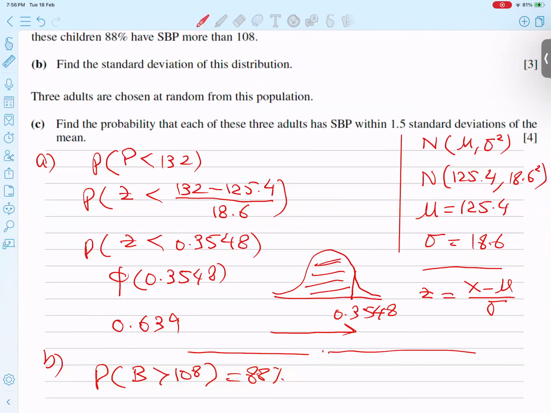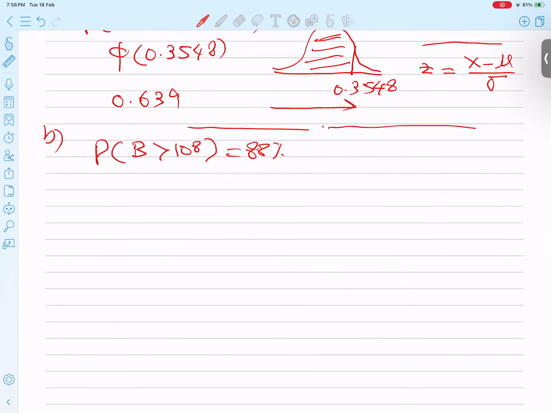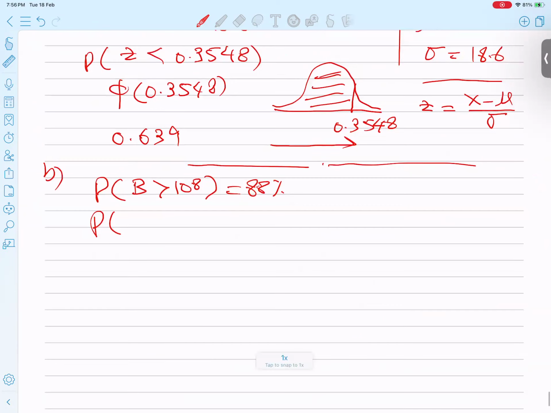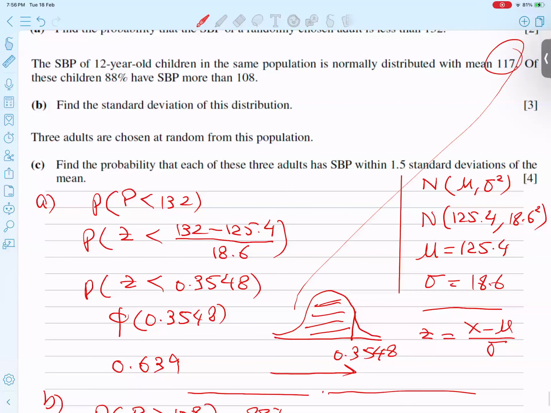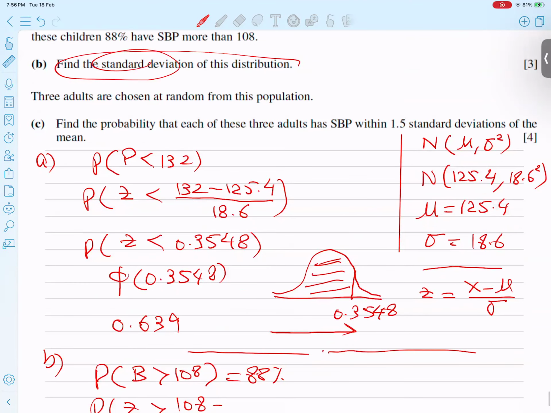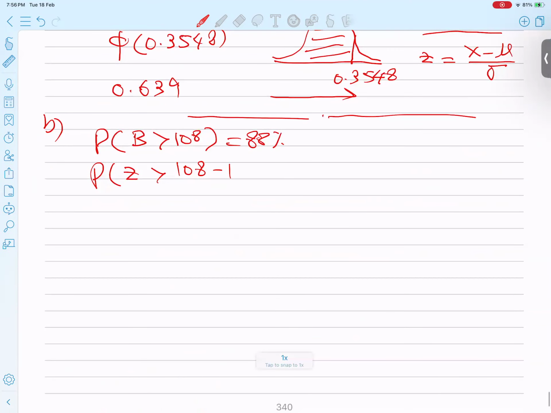Okay, so how to complete from here, students? You know it very well. Again, I will use this formula to convert it, and this value will go in the place of X. So I'm writing Z equals 108 minus the mean, but the new mean for this sample data is 117. So I'm writing 117 over the deviation, which I don't know.